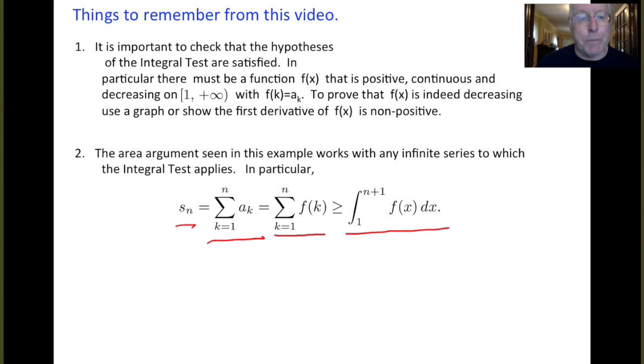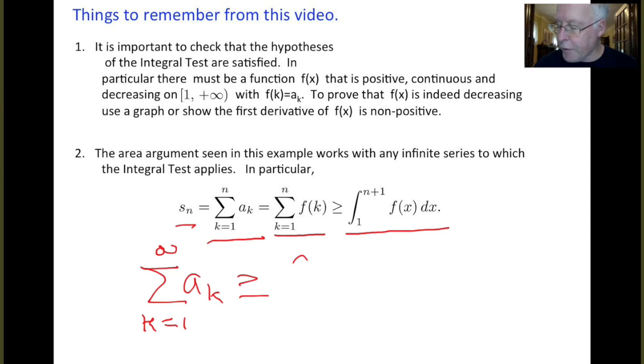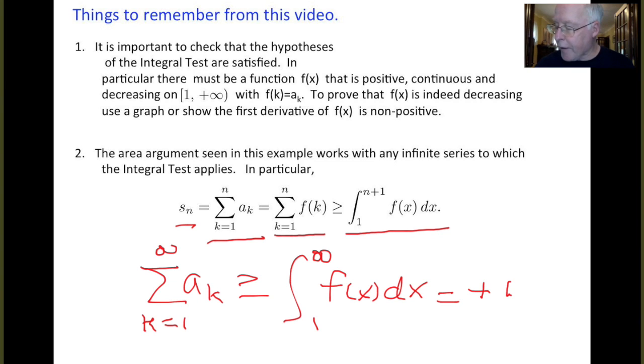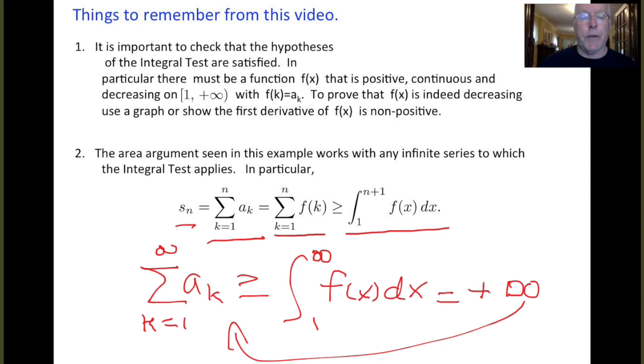And we saw then that by taking the limit on both sides, the sum of the series was at least as big as the improper integral. And this is why we know that if this integral is plus infinity, as was the case in our example, then the sum is also plus infinity.